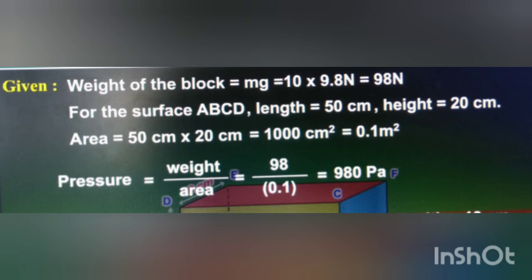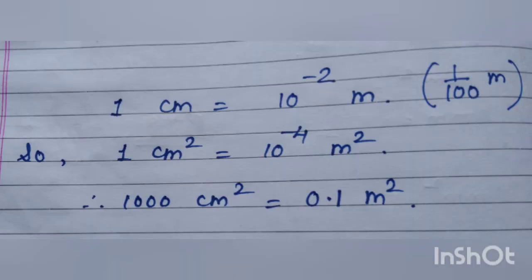Now we convert centimeter into meter. 1 centimeter is equal to 1 upon 100 meter, that is 10 raised to minus 2 meter. So 1 centimeter square is equal to 10 raised to minus 4 meter square, and 1000 centimeter square is equal to 0.1 meter square.